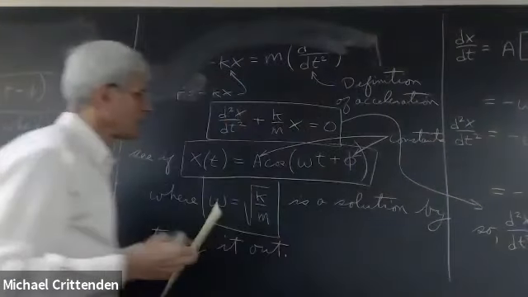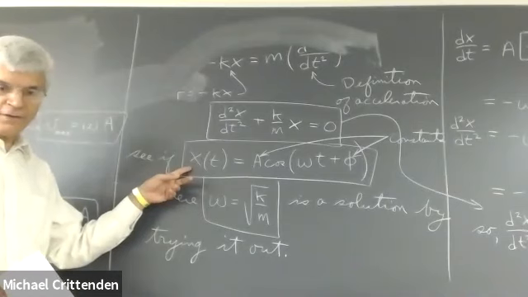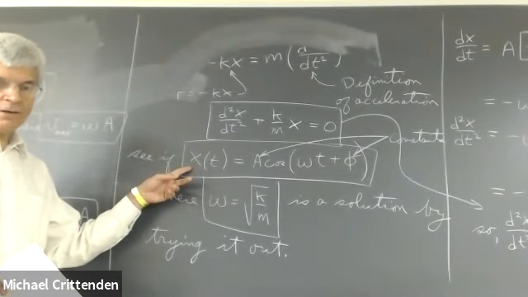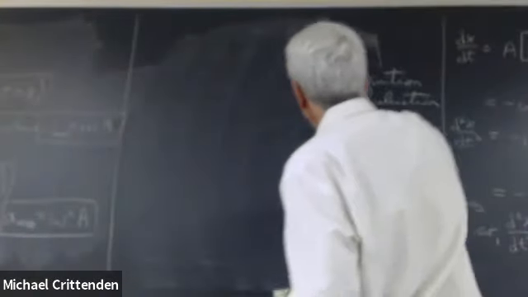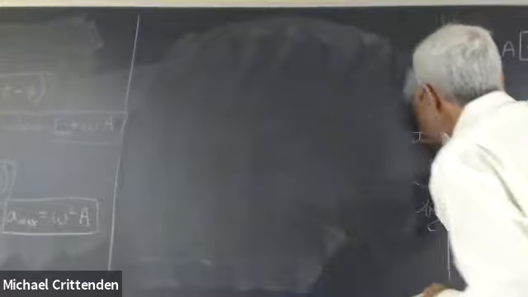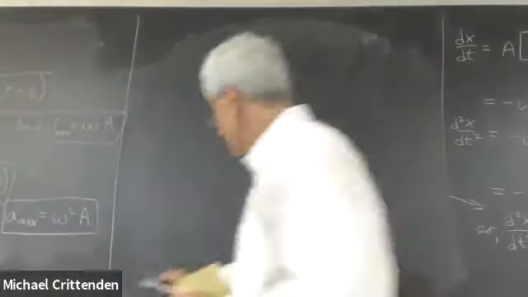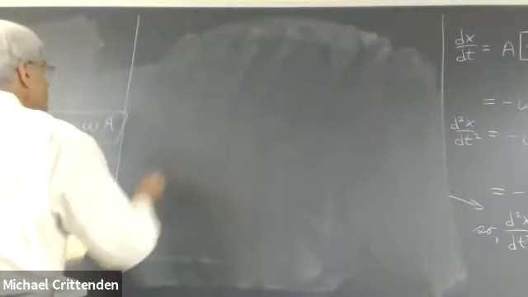So what I'm going to do as soon as I erase this is draw a graph of this function, the one for x as a function of time, so that on that graph I can point out what some of this terminology means.